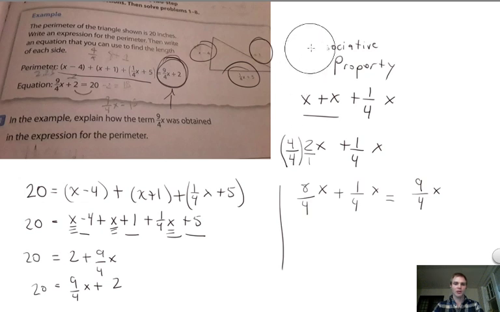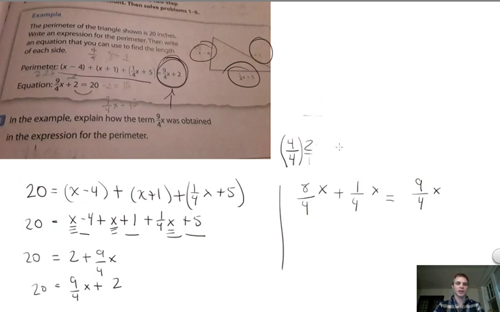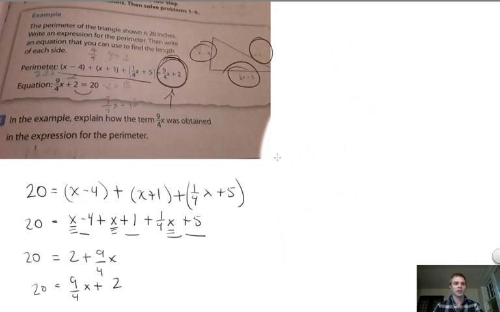Okay, so now the very last thing, I guess this is the second step of the two-step problem, is we need to figure out what x is. So let's say 9/4 x plus 2 equals 20. And I'm just flipping that equality back and forth however I want to.